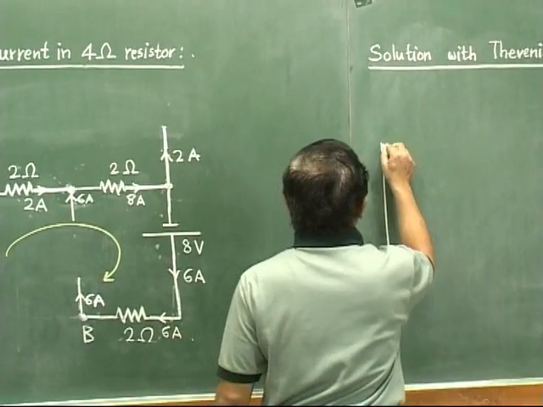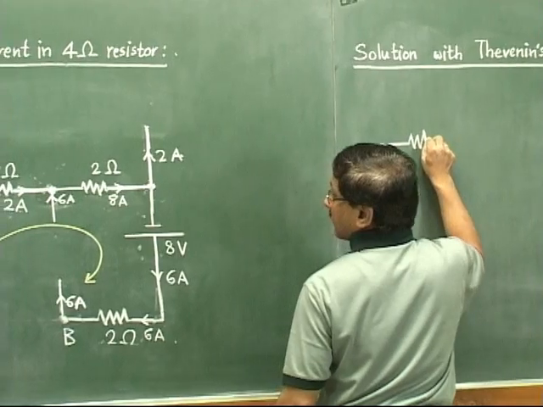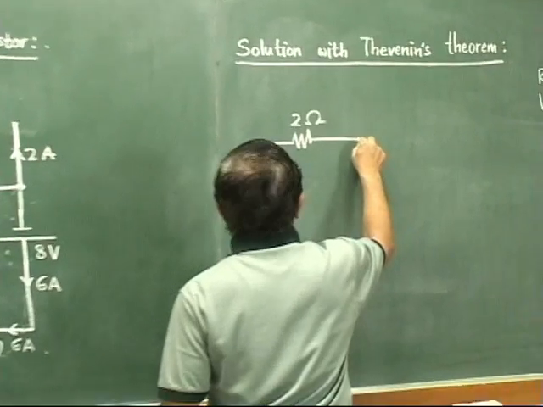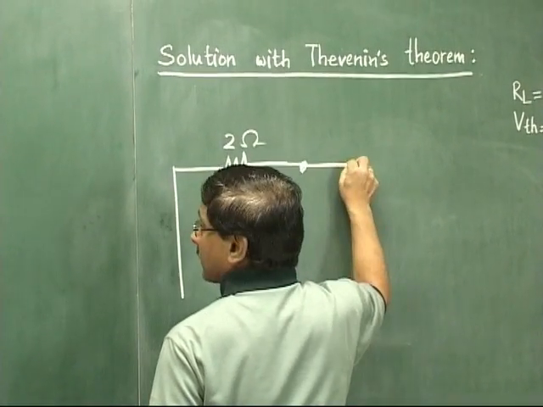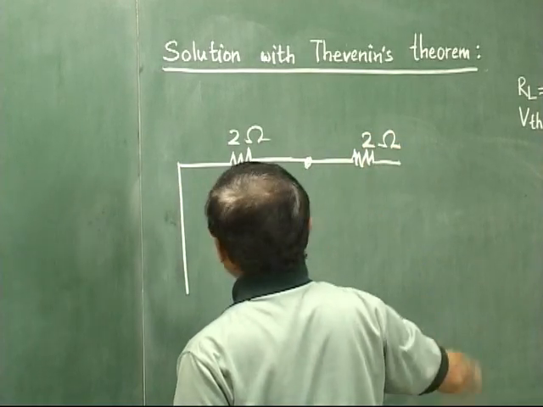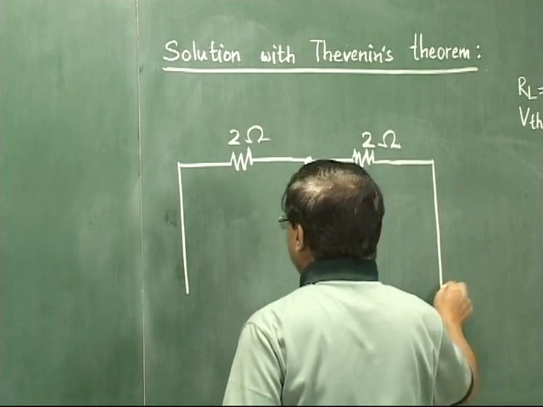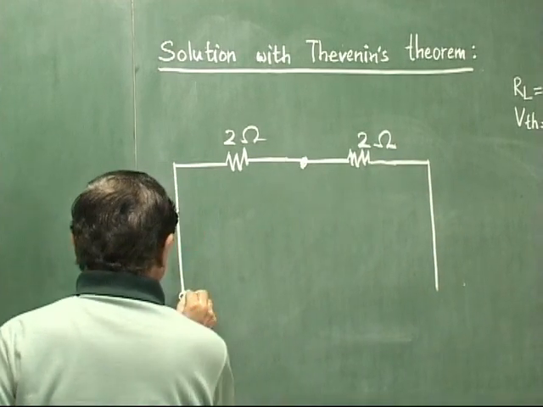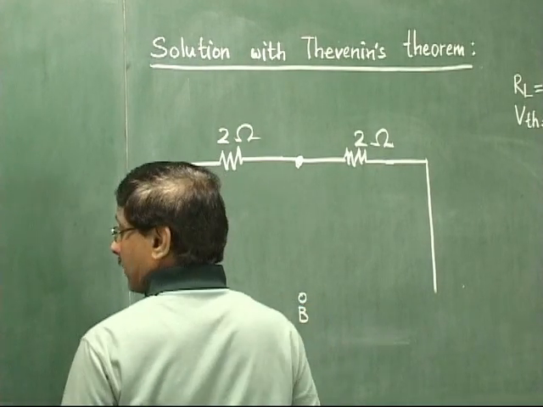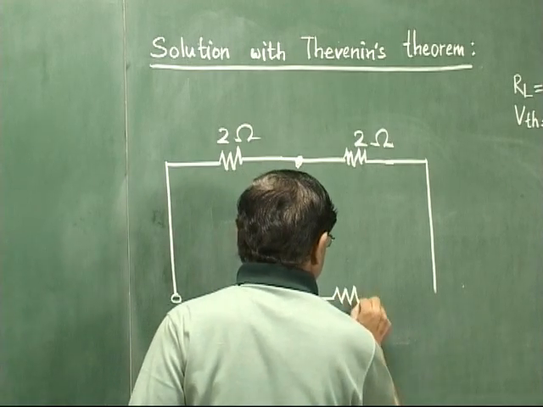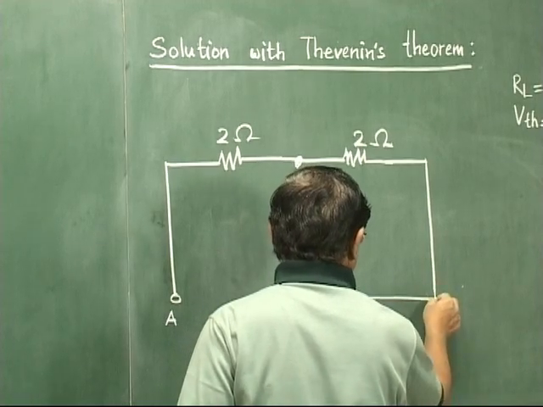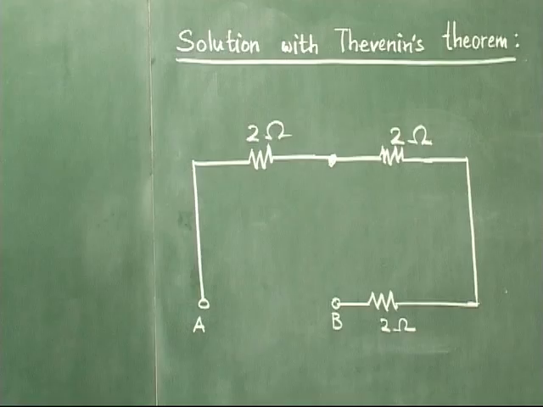Point here, then this resistance is 2 ohm, then this resistor is 2 ohm, then this another source is also shorted, then point A here, point B somewhere here, this resistance of 2 ohm. That's all. Only this circuit we will get.